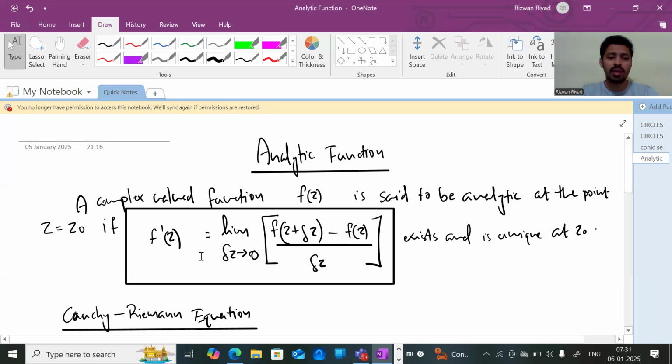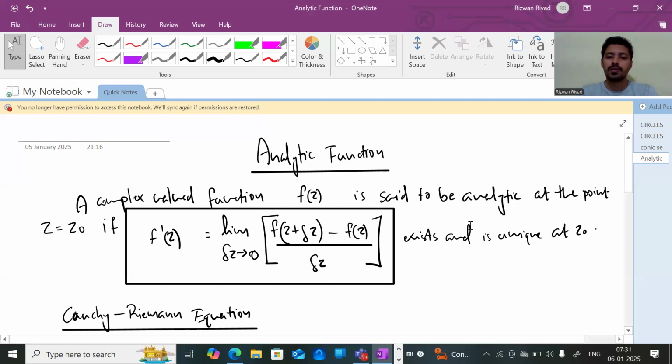And this limit is nothing but f dash z, that is the derivative of that complex valued function at that point z naught. If this derivative exists, or if this limit exists, both are the same, we can say that the function is analytic at that point z naught.